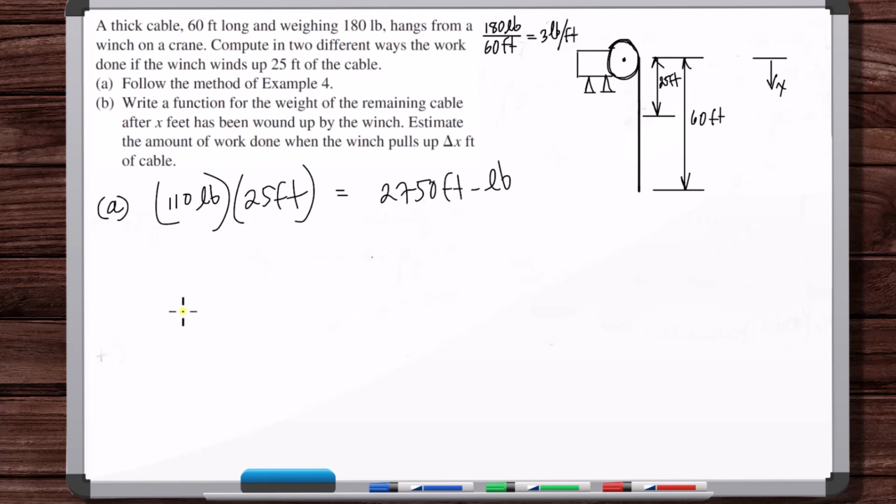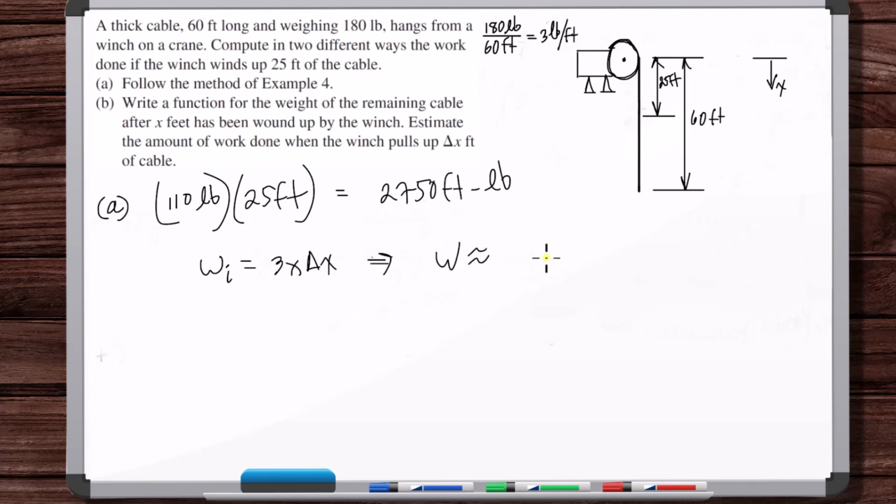So the work done to lift one of these little pieces is 3 delta x times x. So 3x delta x.